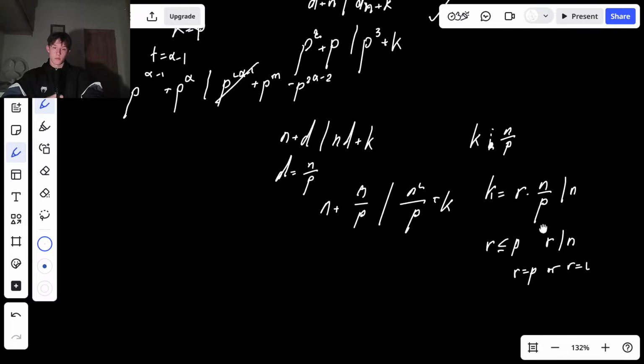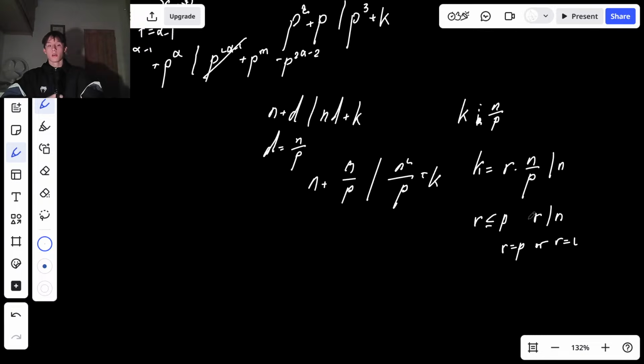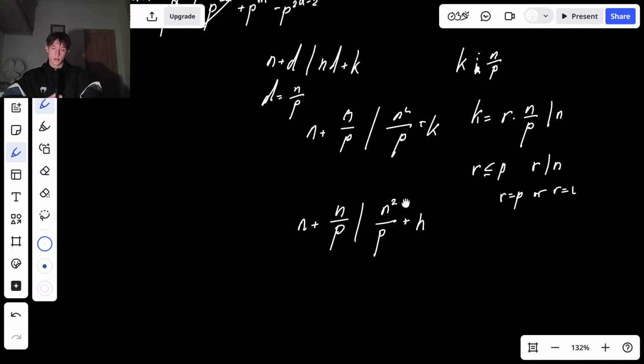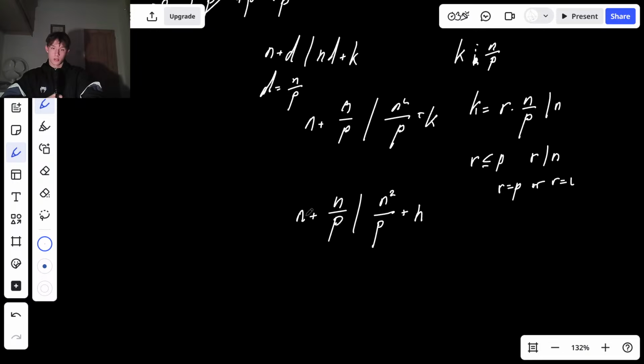So for the smallest prime p, either n plus n over p must divide n squared over p plus k. First case scenario is r equals p, so k is just n. In this case, is that true? Let's check.